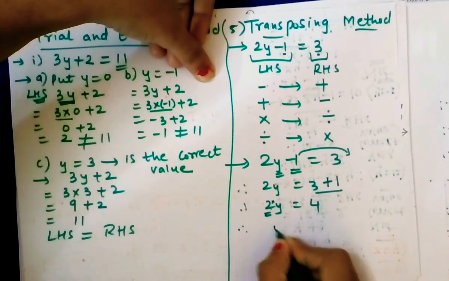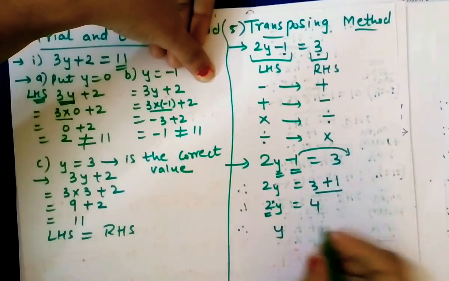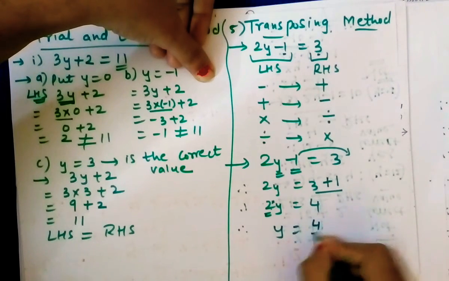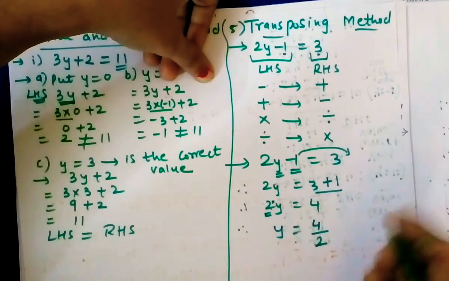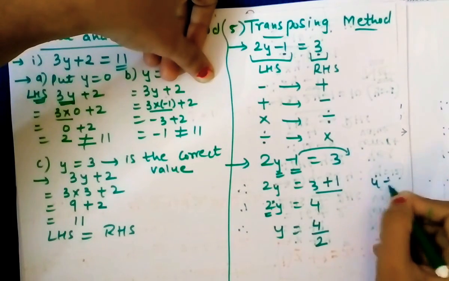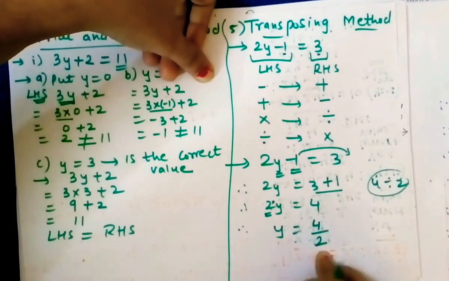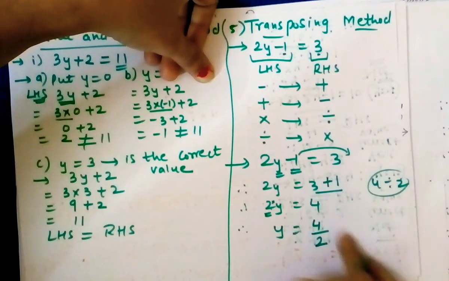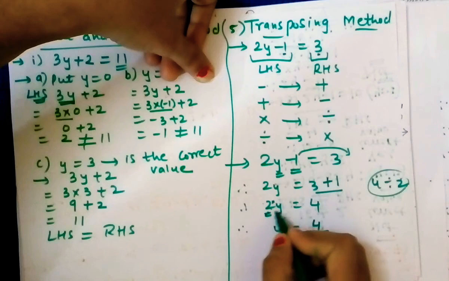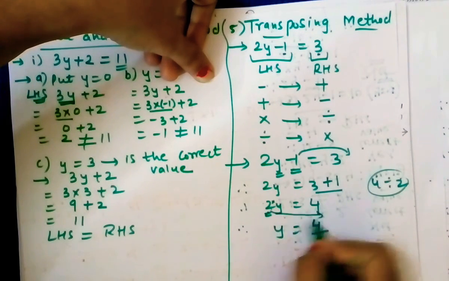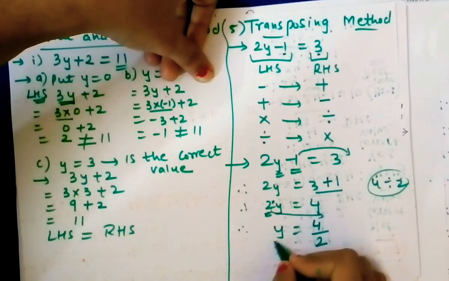Now here only y is left because 2 we are removing. So 4 upon 2. You have to take this 2 down in division. Either you can write 4 divide by 2 or you can also write in fraction, 4 upon 2. Usually we write in fraction so that we can cancel it. So this 2 which is in multiplication will go down here in division. So y equal to 4 upon 2.